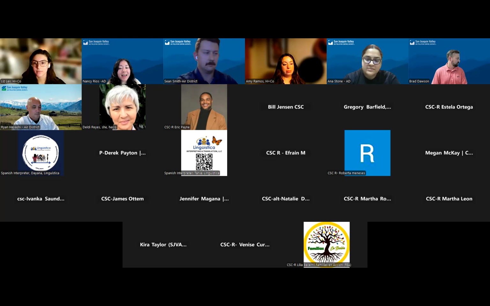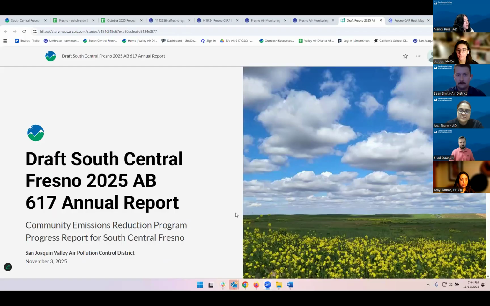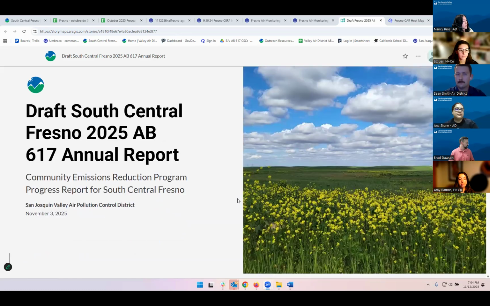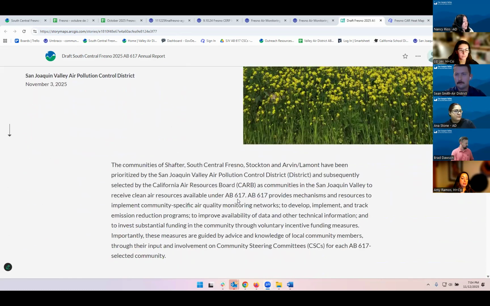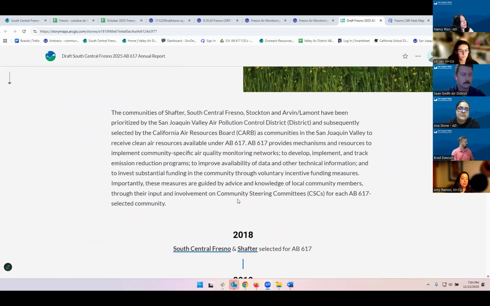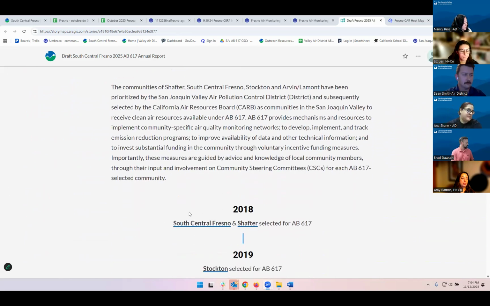Similar to last year, we did a story map, and I'm going to go ahead and share that with you all. Story maps are really great because they're a very interactive tool. This is something our team has been working on, and it is currently undergoing translation. Once this document is available, we will share it with you, the CSC, via email.